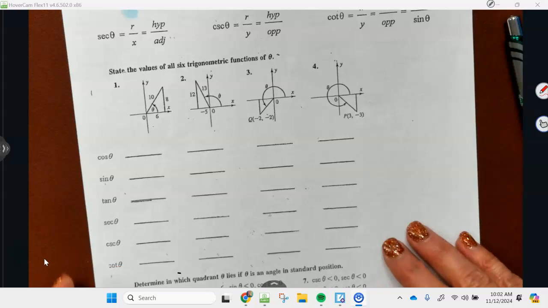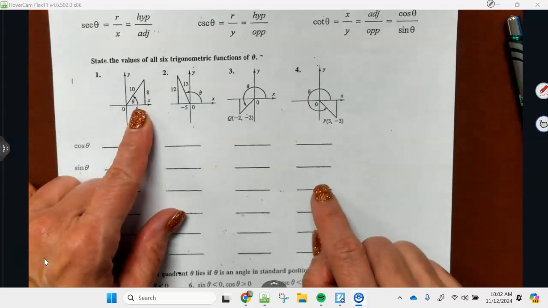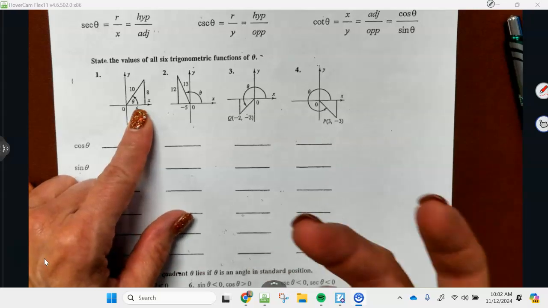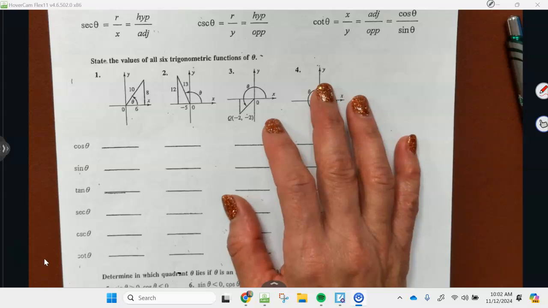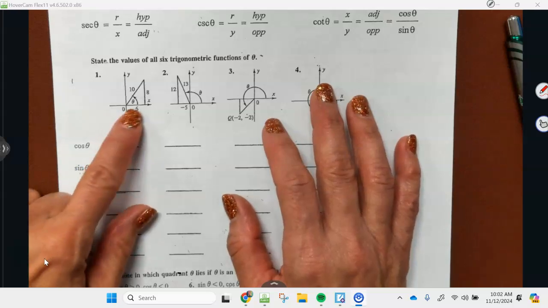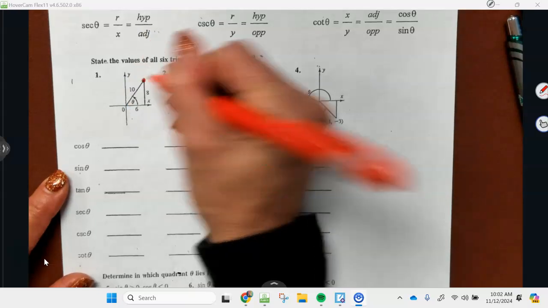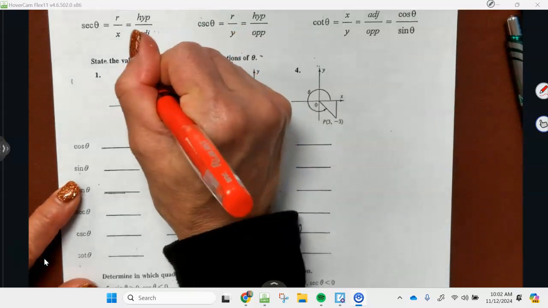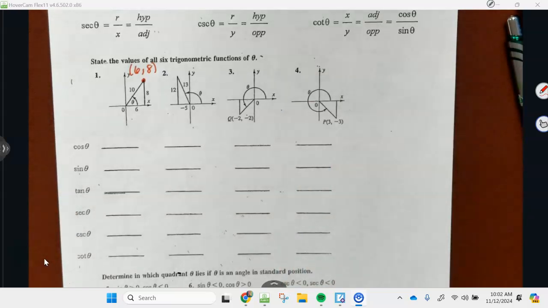All right, guys, right here for example 1, it is going to have an angle in quadrant 1, little baby angle less than 90 degrees. They didn't give us the ordered pair, they gave us the measurements of the triangle. But if this is 6 and this is 8, then I know that ordered pair right there is (6, 8). And that is in quadrant 1, they're both positive. The x is positive and the y is positive.